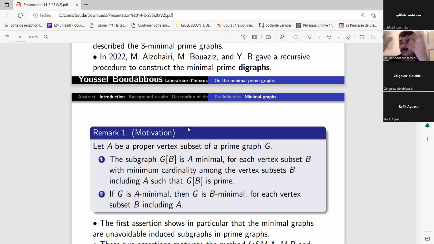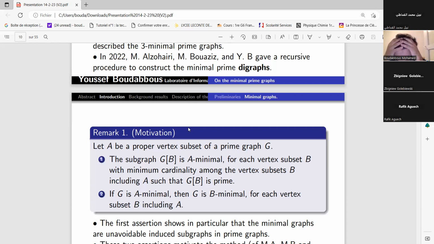Thus, if we characterize or describe the K-minimal graphs, we obtain unavoidable induced subgraphs by fixing the vertex subset. For example, we give the three-minimal prime graphs. As a corollary, we have a family F: in any prime graph, if we fix any vertex subset A with three elements, there is an induced subgraph containing A that is a member of our family.